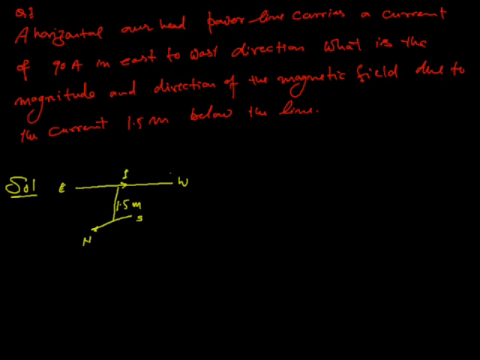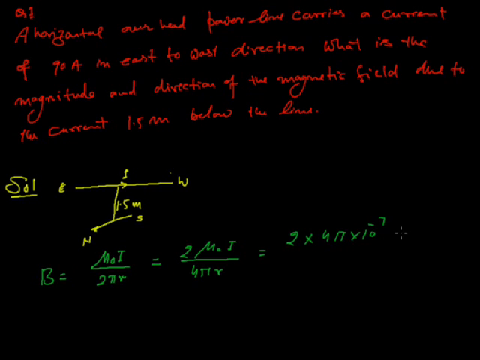We know that the magnetic field B is equal to mu 0 I upon 2 pi r, that is 2 mu 0 I upon 4 pi r. We know that mu 0 is equal to 4 pi into 10 raised to the power minus 7.